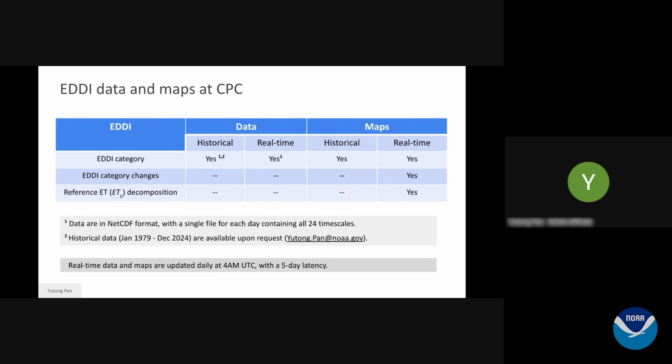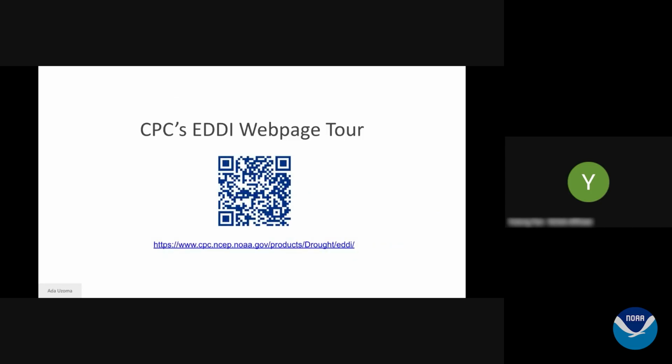For updates, the near real-time data and maps are refreshed daily at 4 a.m. Universal Time with a 5-day delay to allow time for the input data availability and the processing. So that is a quick overview of the EDDI data and the maps on the CPC site. I will pass it over to Ada for a walkthrough of the EDDI webpage.